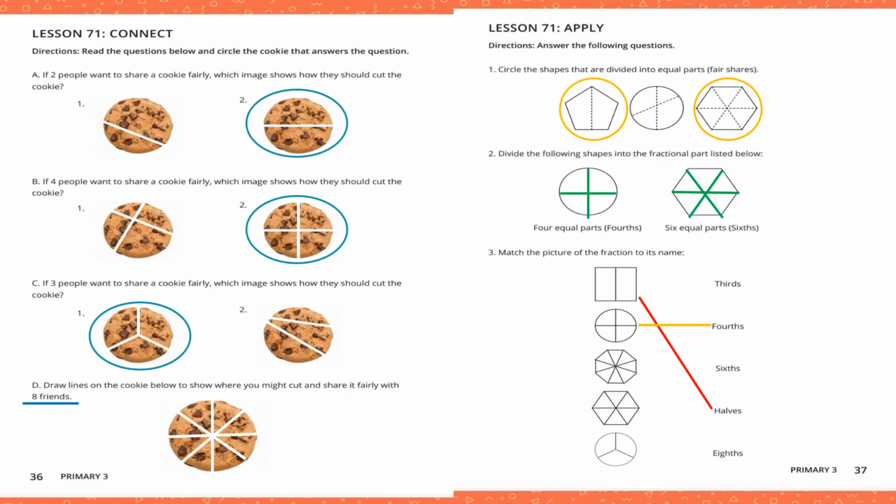So I have 8 equal parts, so they are eighths. Here I have 6 equal parts, sixths. Here I have 3 equal parts, so they are thirds.